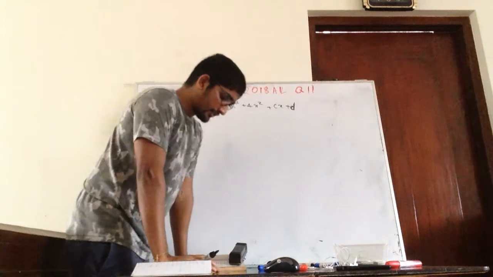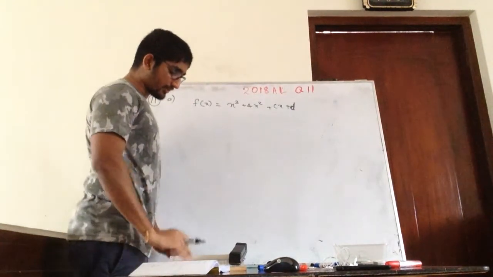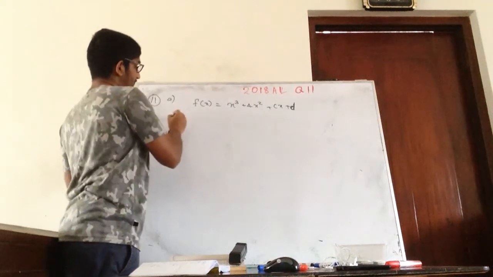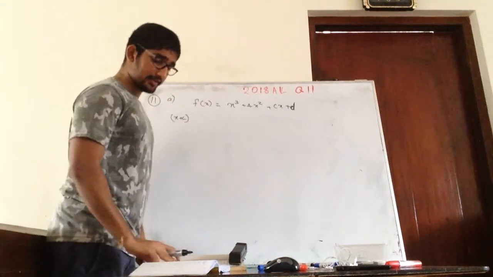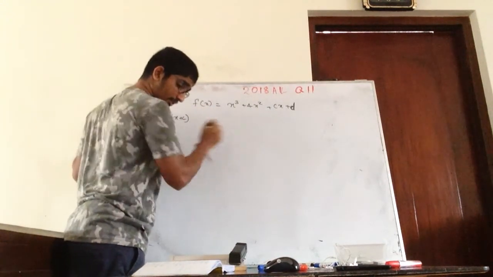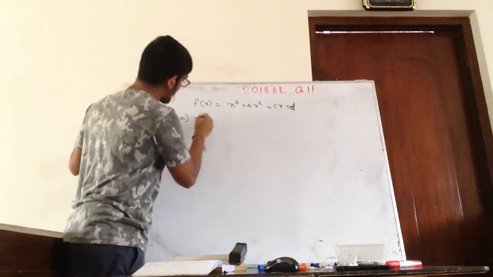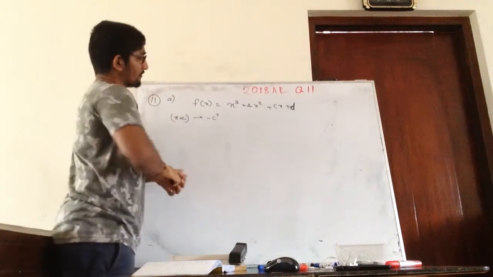Right. Then they are saying the remainder when f(x) is divided by x plus c. Right, the remainder for x plus c is minus c cube, right?